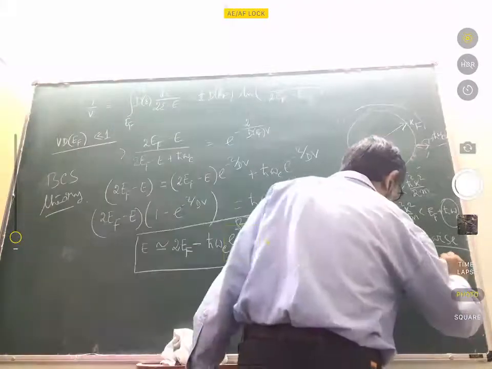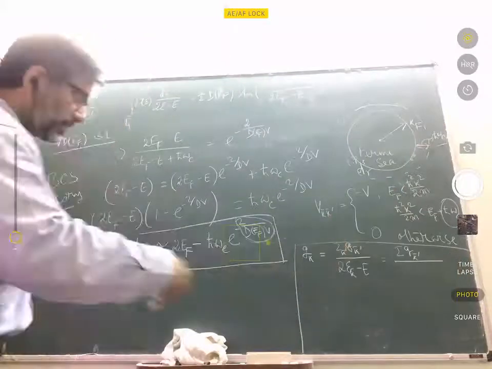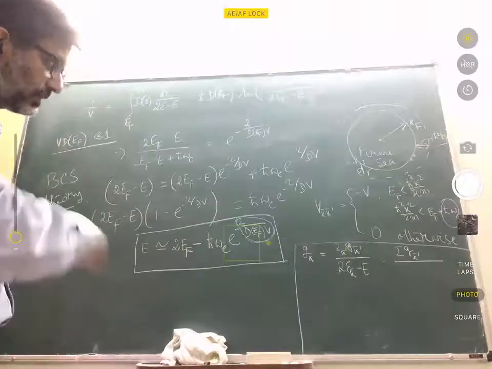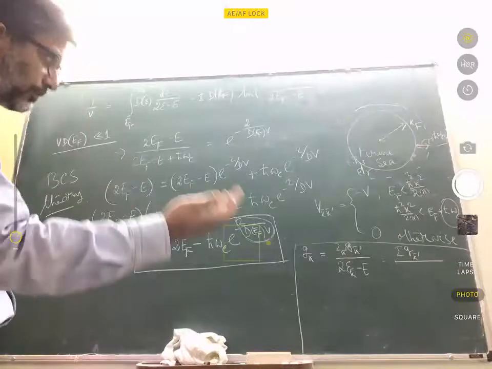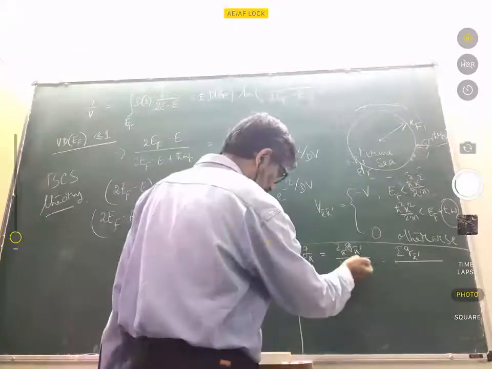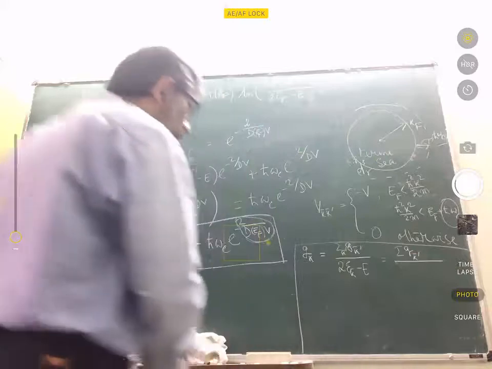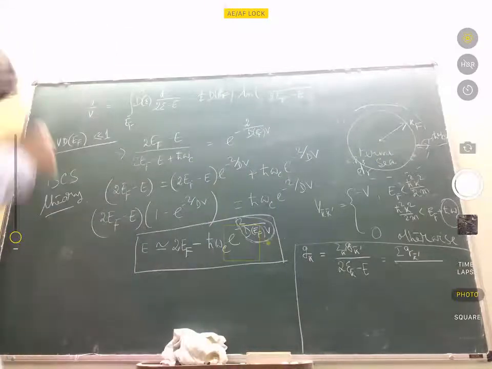So let us now write all the energies relative to the Fermi energy. So I'll write this as epsilon k minus EF.